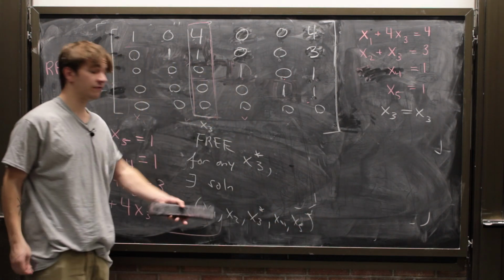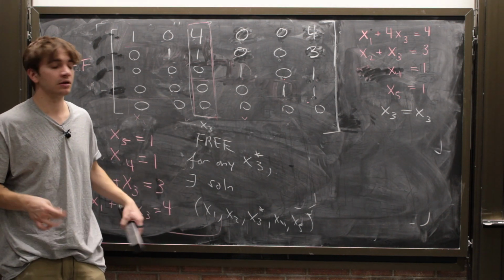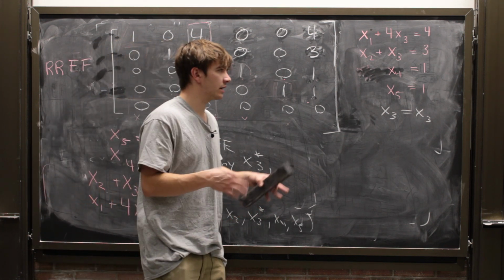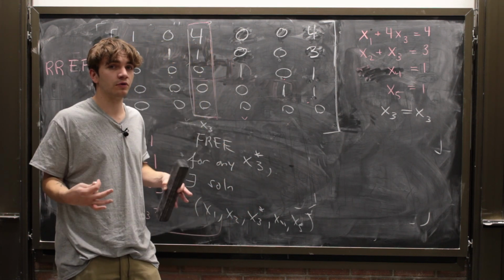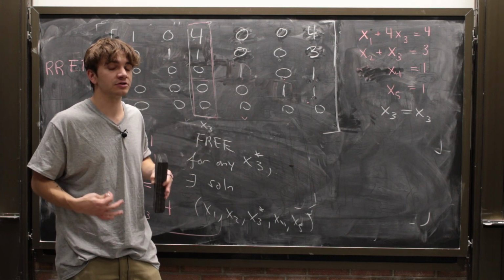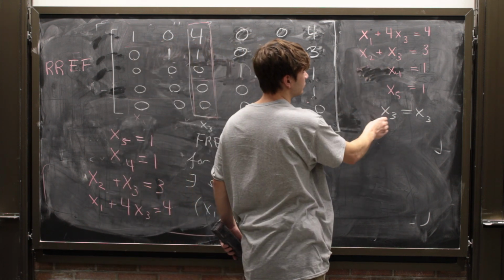So basically I have a family of solutions, and they're all depending on x3. A lot of my students get confused with this point. The idea is, okay, to say it in one sentence, we're going to express our solutions in terms of x3. All right? So how do we express our solutions in terms of x3?